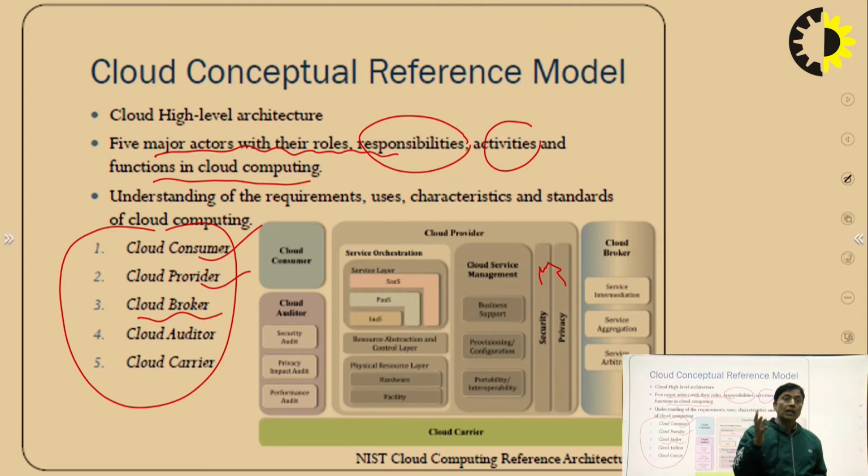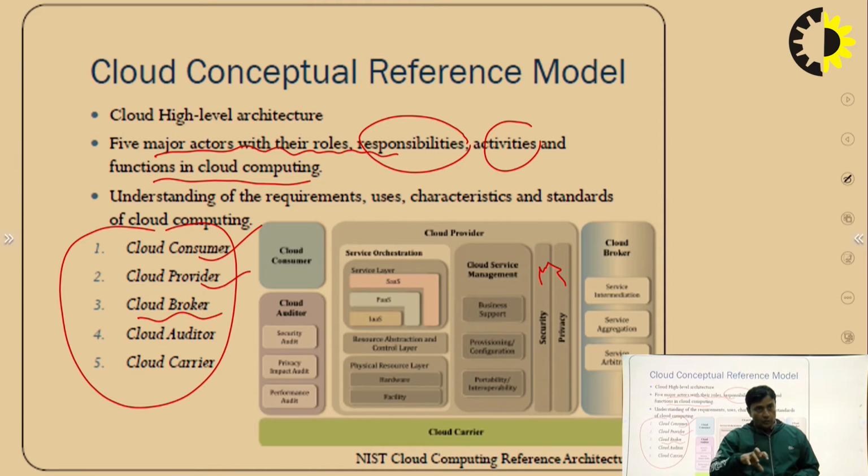So the consumer need not worry about the different kinds of services and the quality and security of services. This broker is the trusted party and ensures all these quality parameters, and they need not wander here and there.